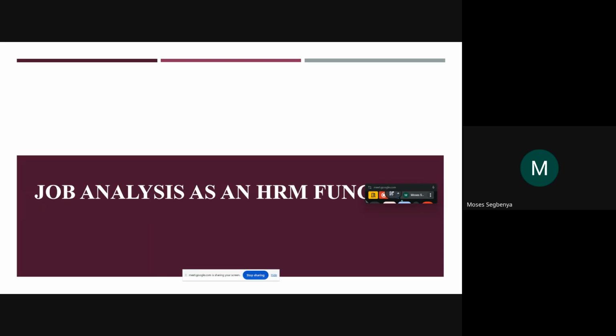So today we are to look at job analysis as an HR function. It tells you that as an HR manager, one of the most important things you must do as a foundational functional area of your position is to analyze available jobs.